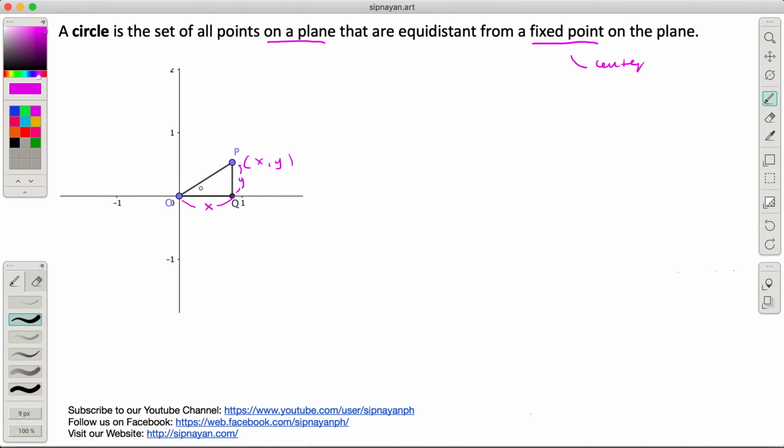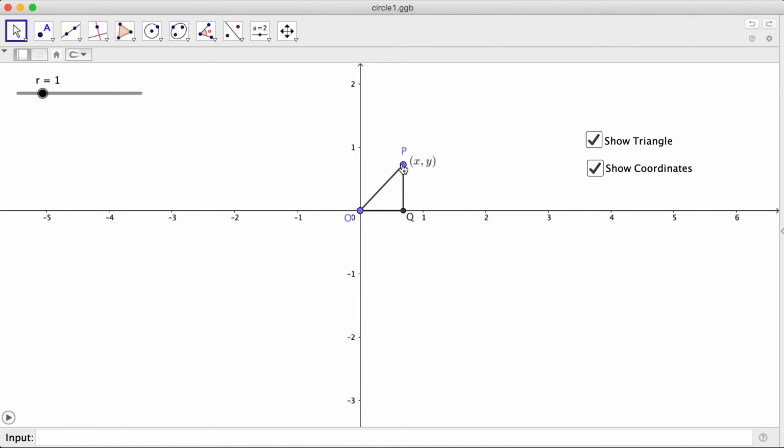So what is the length of the hypotenuse? In this case, it is 1, because it is 1 unit. Of course, we can change the length. But in this case, we have 1. The hypotenuse is 1.